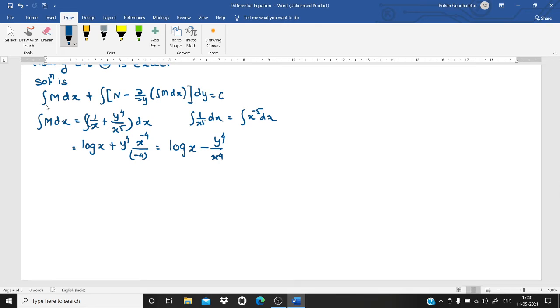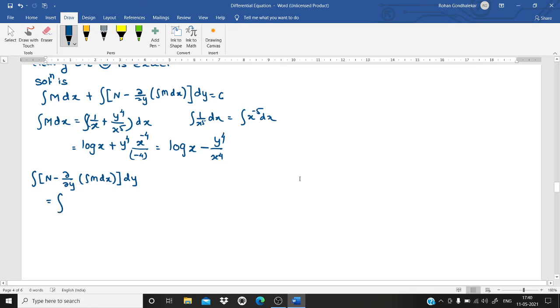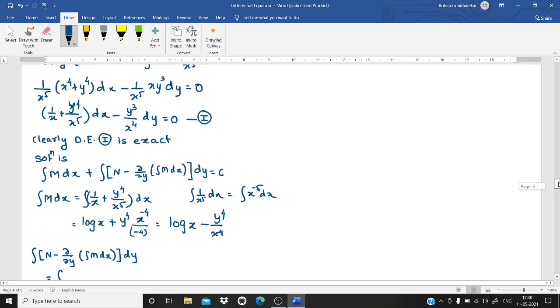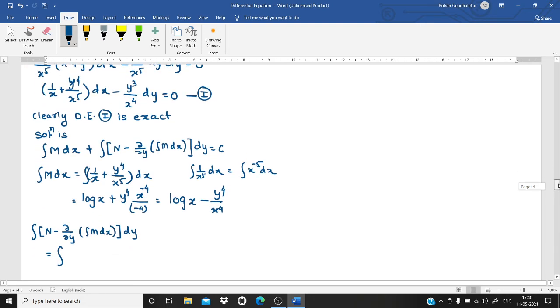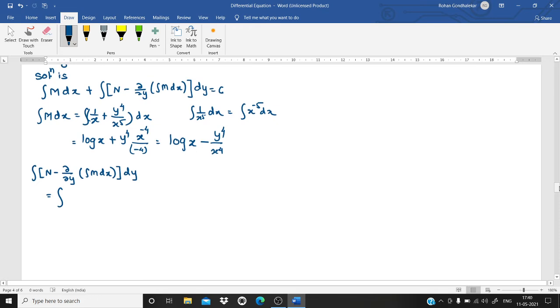Now the integral of N minus del by del y of integral M dx, integration with respect to y, equals the integral of N. What is N? In the new differential equation, N is minus y cube upon x raised to 4. So here we write minus y cube upon x raised to 4 minus del by del y of what?